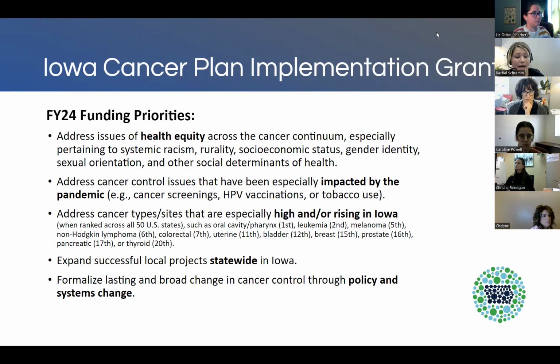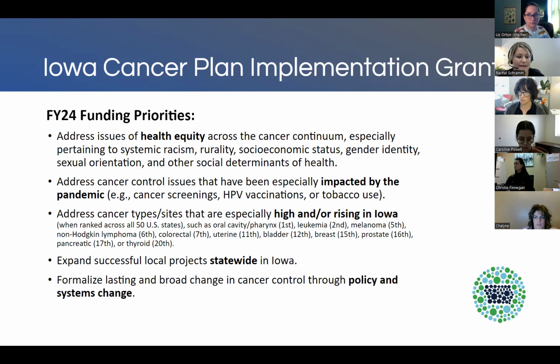And Liz, if you wouldn't mind putting in the link to the report, that would be great. Thanks. Some of the identified cancers are oral cavity and pharynx, leukemia, melanoma, non-Hodgkin lymphoma, colorectal, uterine, bladder, breast, prostate, pancreatic, or thyroid cancer. Any project that addresses those, the board will look at very closely.